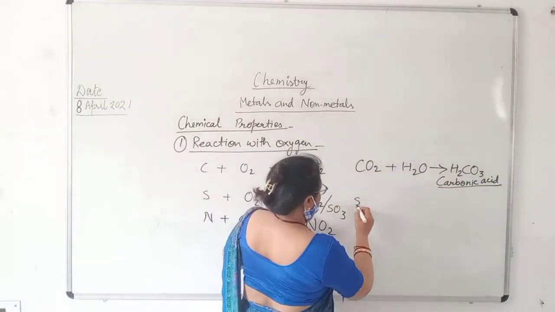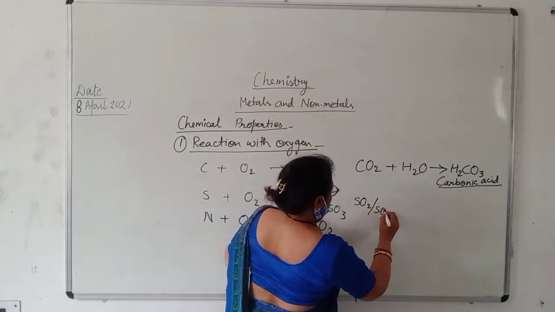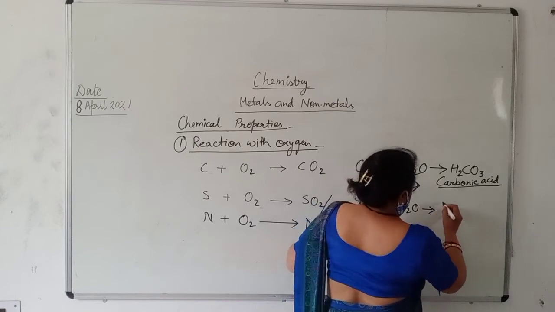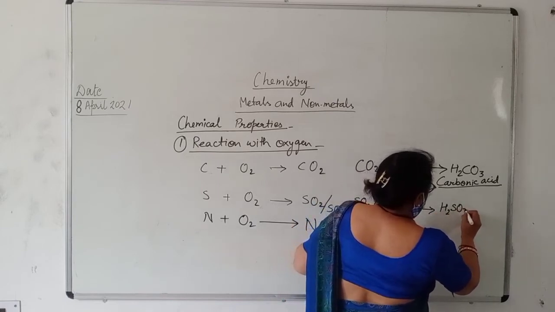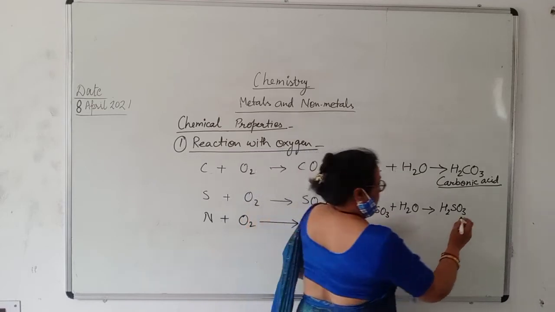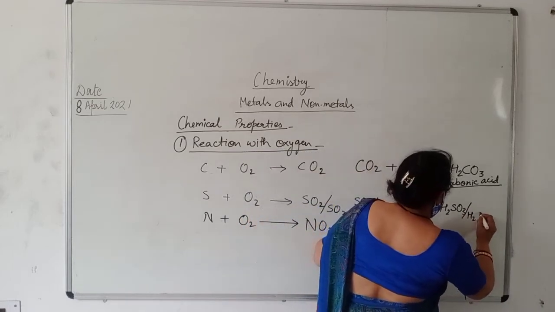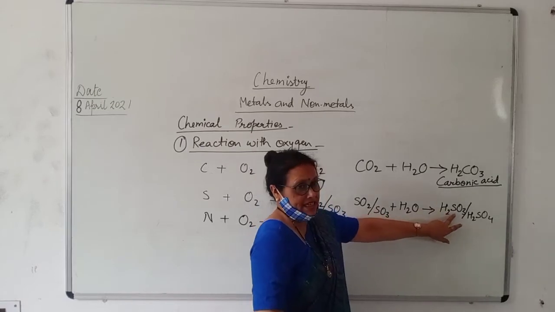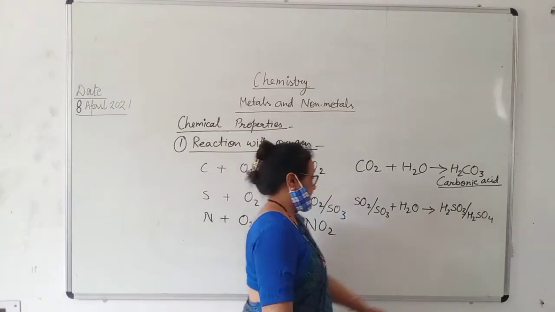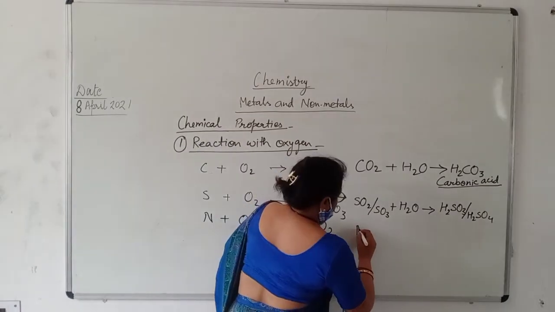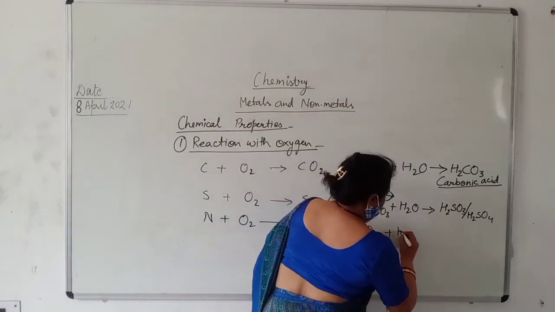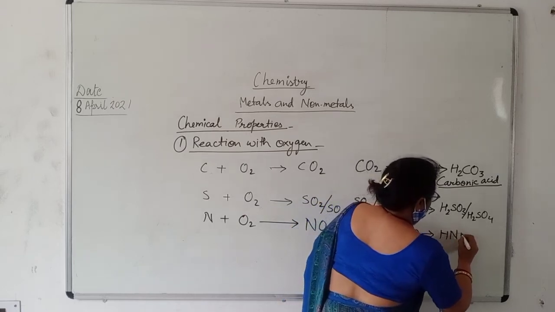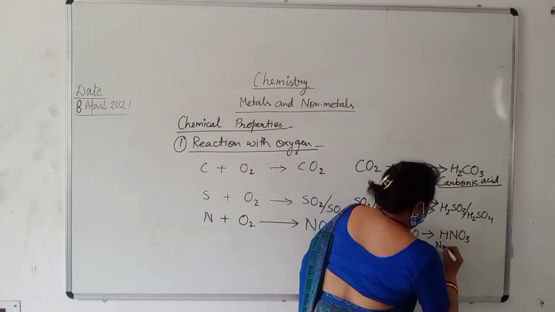If we dissolve SO2 or SO3 in water, it gives H2SO3 in case of SO2 and H2SO4 in case of SO3. This is sulfurous acid and this is sulfuric acid. And in case of nitrogen dioxide, if we dissolve it in water, it gives HNO3, nitric acid.